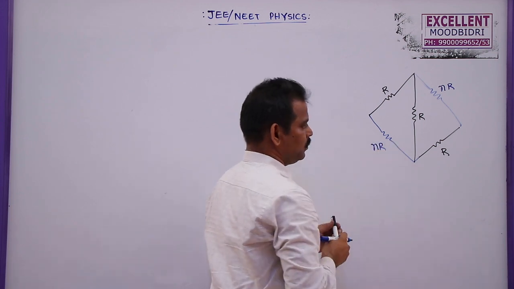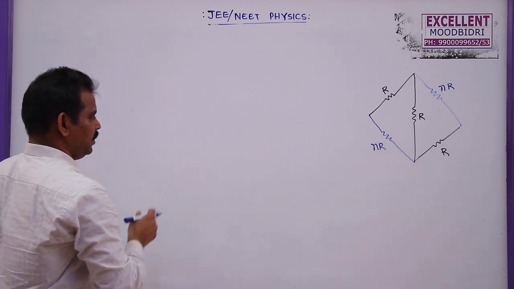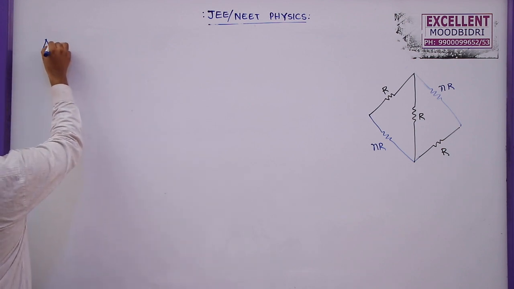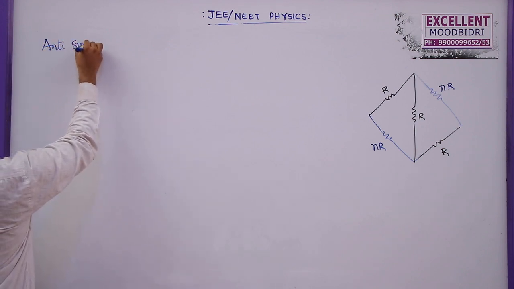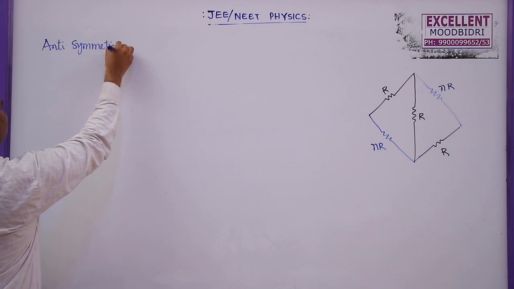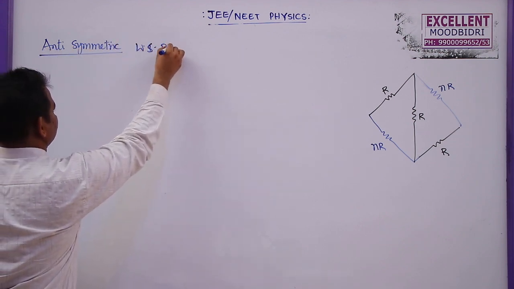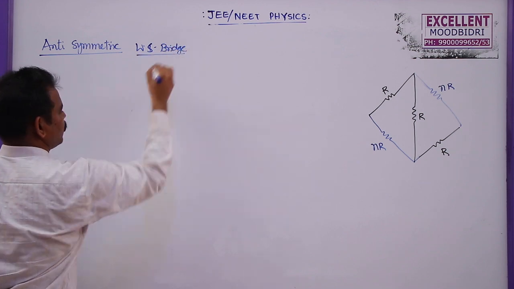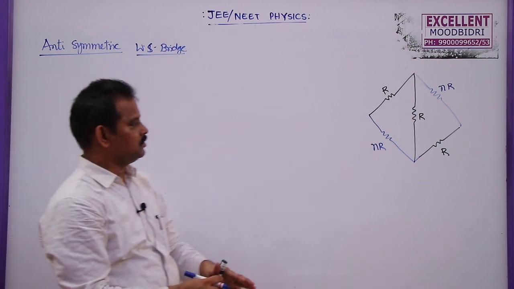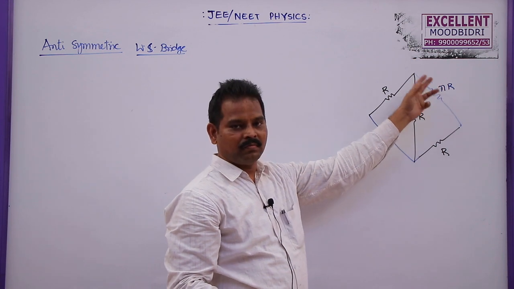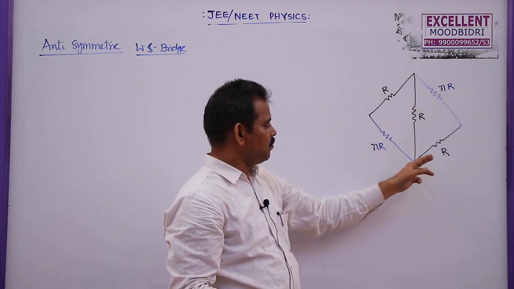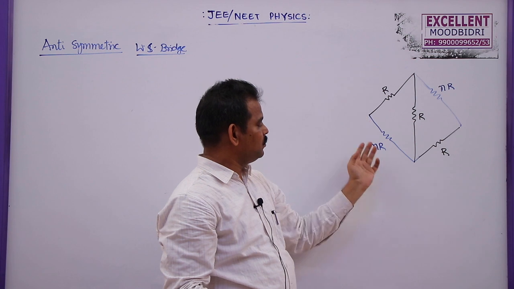This is also NR. This is called an anti-symmetric Wheatstone bridge. So this is not a balanced bridge. Why? Because R by NR will become 1 by N. NR by R will become N. So this is 1 by N, this is N.